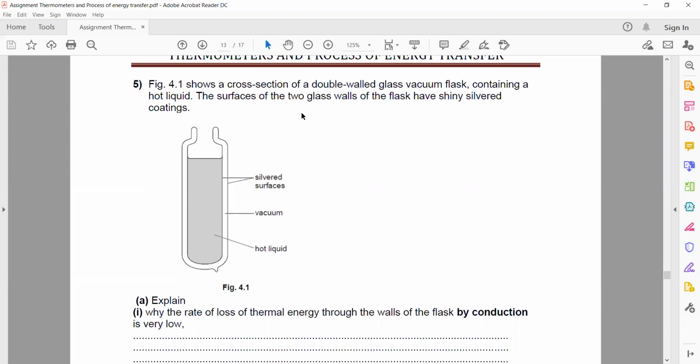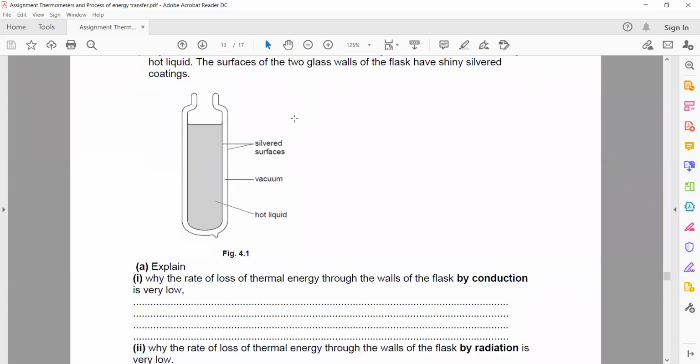Why is the rate of loss of thermal energy through the walls of the flask by conduction very low? What is the reason why there is no conduction?